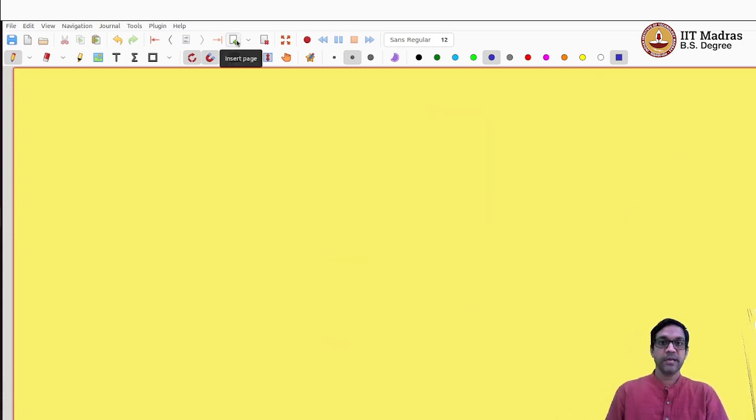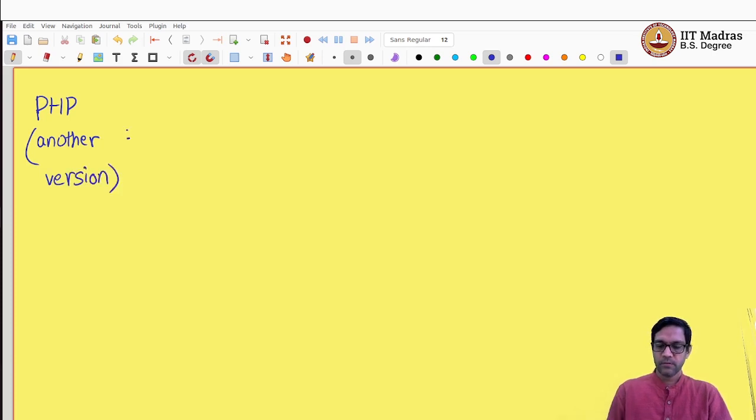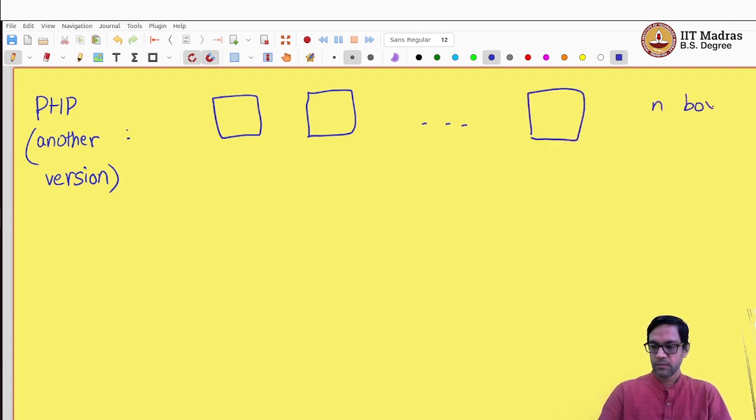So let's restate this in a slightly different way. Here's another version of PHP, in which we imagine that the boxes are already filled. Suppose I have n boxes, and I will again label them 1, 2, 3 till n. Imagine that each box has some objects.